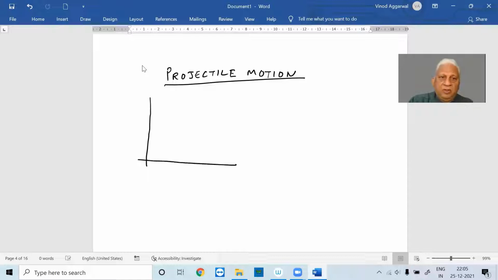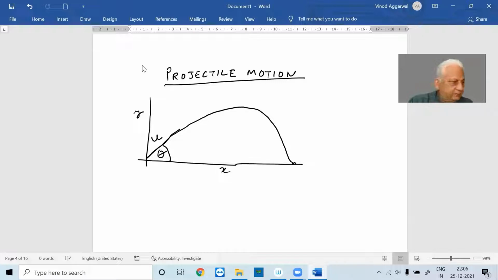If we talk about again our x and y coordinates, we shoot a projectile at some angle theta and with some initial velocity u, and let it go in the air. So what happens is it goes in the air like this, goes to the maximum height and then starts falling back, and ultimately it touches the ground here. Okay, so this is our initial velocity u.